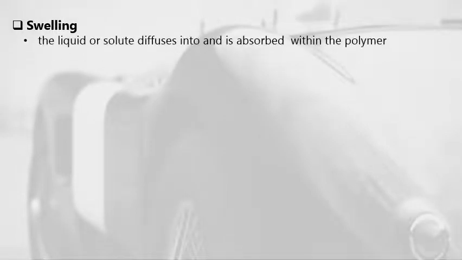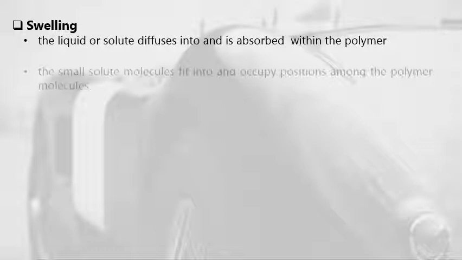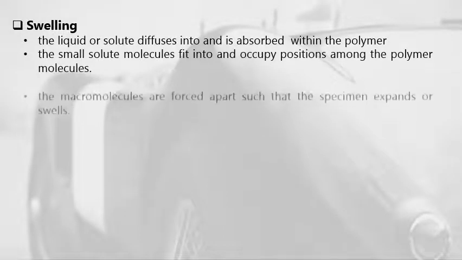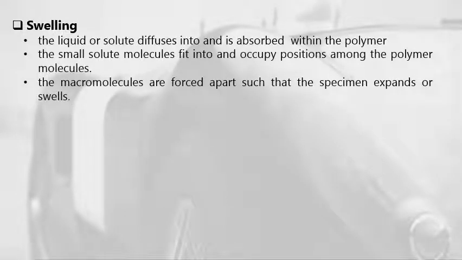Let us dig deeper into the mechanisms by which polymers degrade. First is swelling. Here, the liquid or solute diffuses into and is absorbed within the polymer. The small solute molecules fit into and occupy positions among the polymer molecules. The macromolecules are forced apart such that the specimen expands or swells. Thus the term swelling.